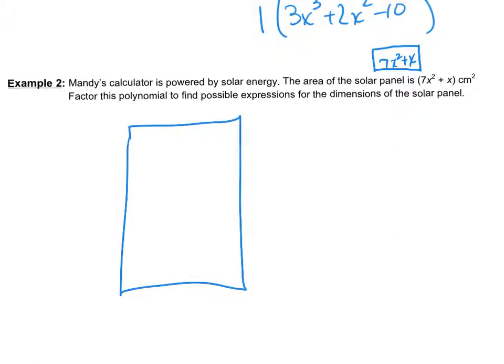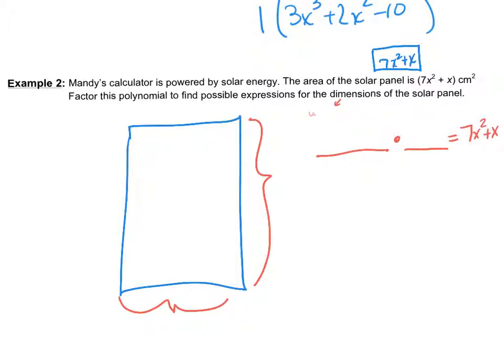The area, so the length times the width, is equal to 7x squared plus x, centimeters squared. Factor the polynomial to find the possible expressions for the dimensions of the solar panel. It wants to know what the length and the width are.